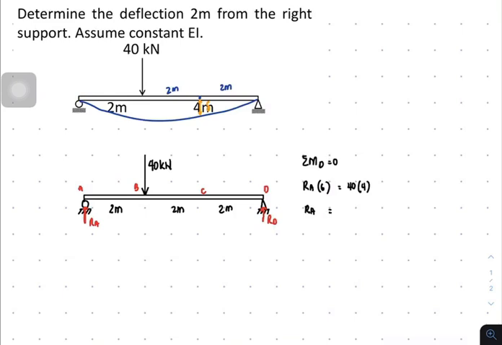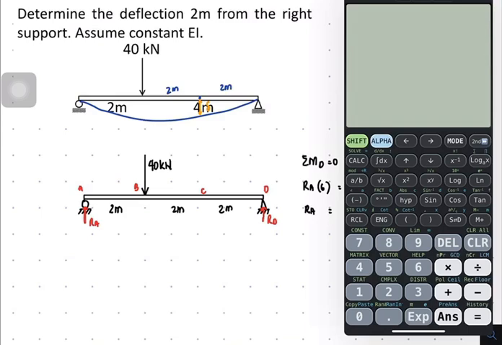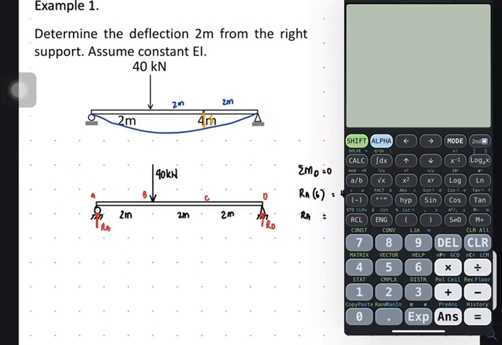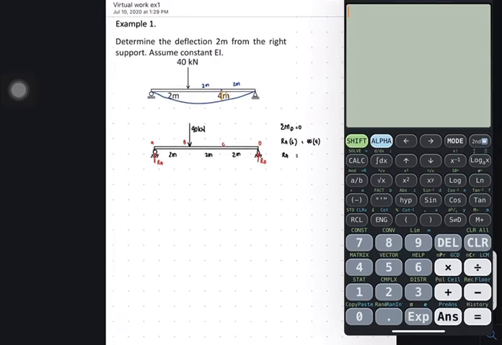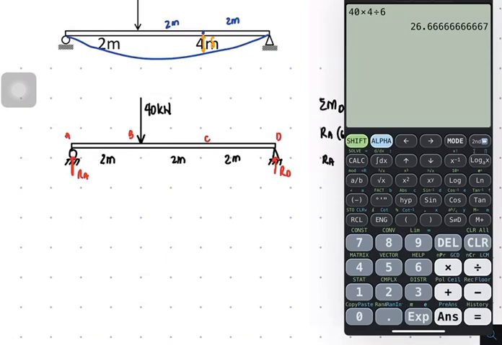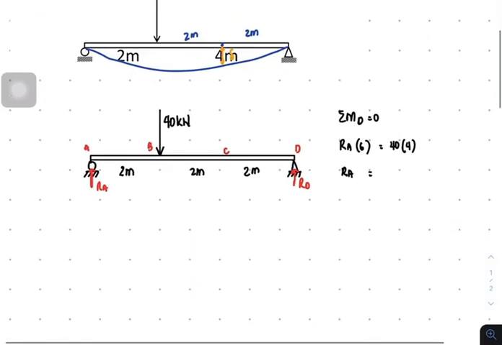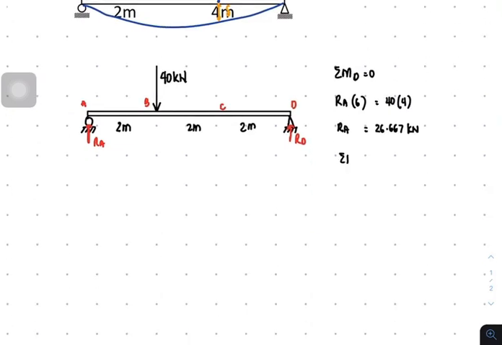So RA is 40 times 4 divided by 6. So it's 26.667 kilonewtons.